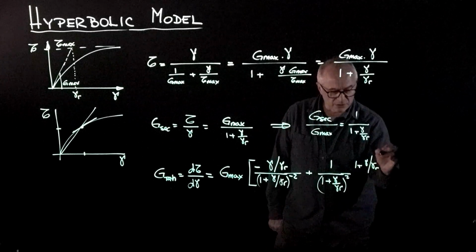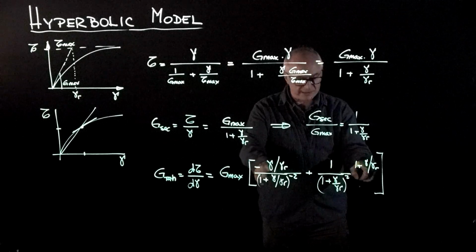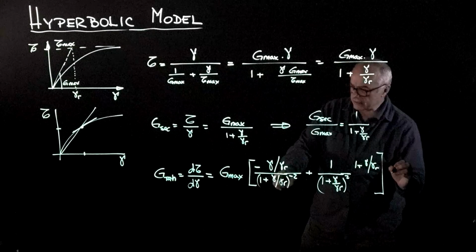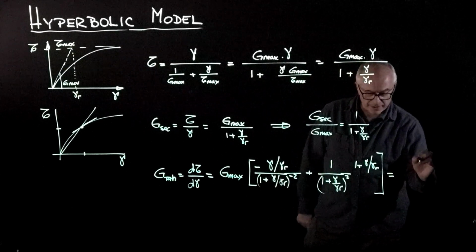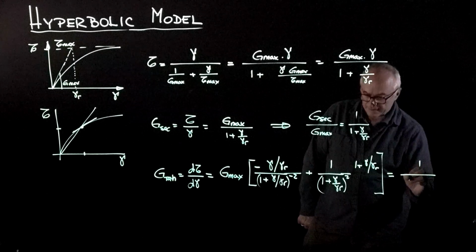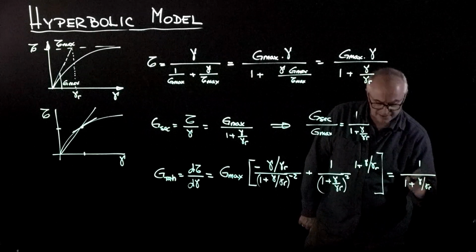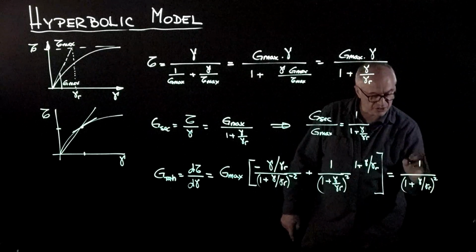Now I can combine the two. This is going to cancel with that, and I'm going to get that the tangent stiffness is equal to 1 over (1 plus gamma divided by gamma reference) squared, times Gmax.